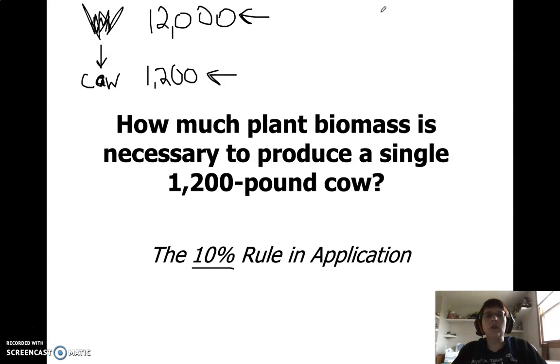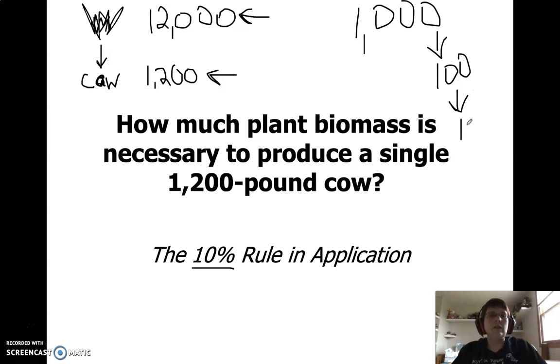So if we had, let's just use 1,000, okay? So let's say we had 1,000 plants. That would feed only 100 cows, and that would only feed 10 humans, okay?